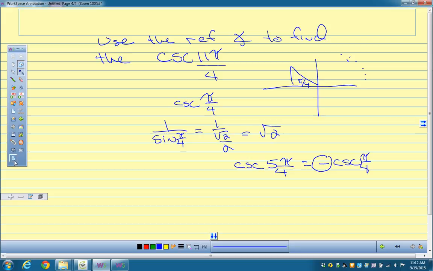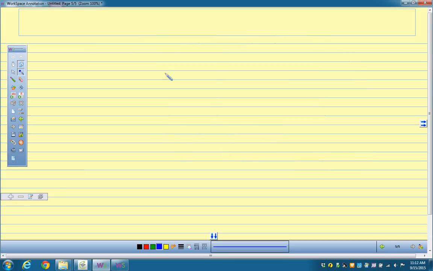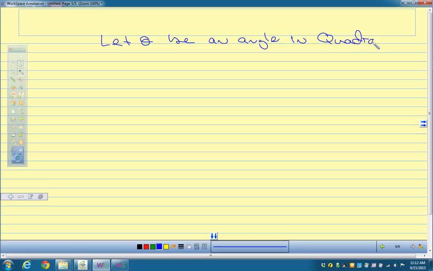I'm ready. All right. So the last one: let theta be an angle in quadrant 3 such that sine of theta equals -3/4.